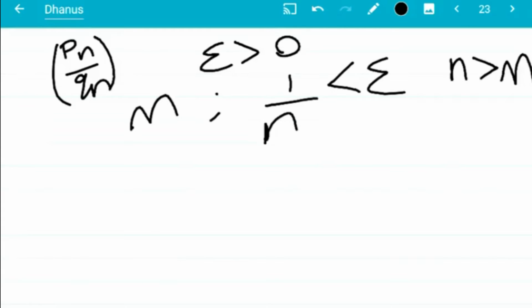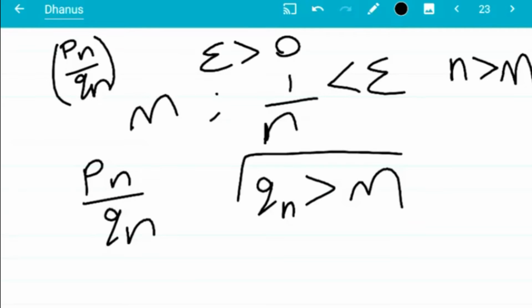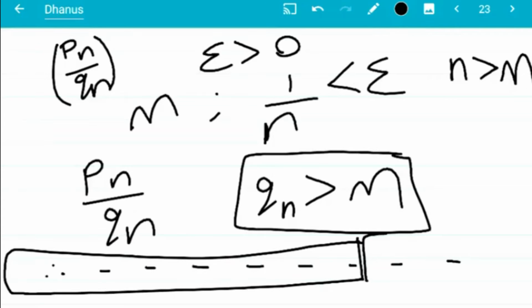We can prove this using the Archimedean property. Then I am only considering those Pn by Qn with Qn greater than m. The rest of the rational numbers will be finite, and I'm removing them. From an infinite sequence, we can remove a finite number of terms, and it will again be an infinite sequence.